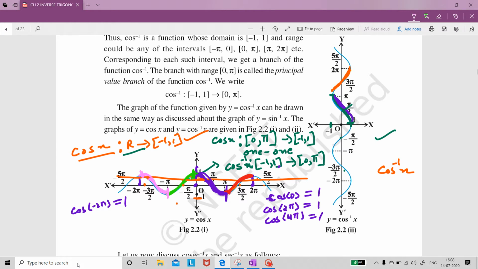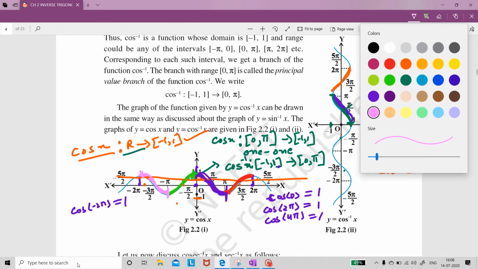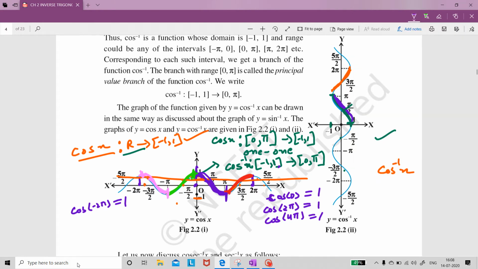So now again we have to restrict the domain of the cos function to define the cos inverse function. It was accepted universally by mathematicians that the domain of cos x will be restricted to this blue portion, that is from 0 to pi, and you can see this is the graph of the cos inverse function.